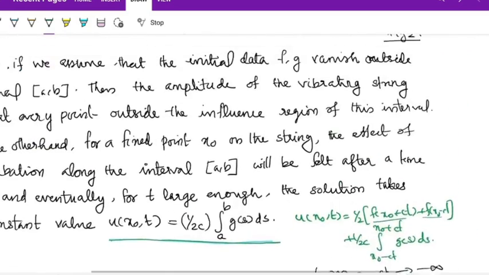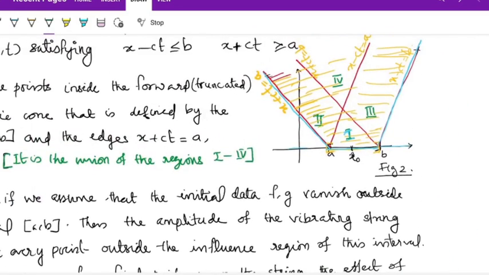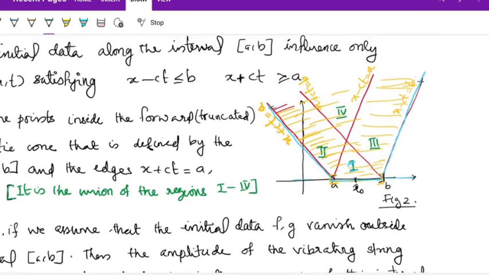So we can check this region, x naught minus ct less than or equal to a, that region, and then x naught plus ct greater than or equal to b, this region.